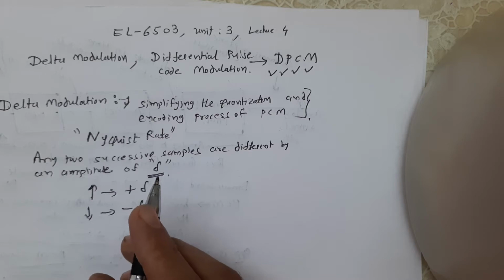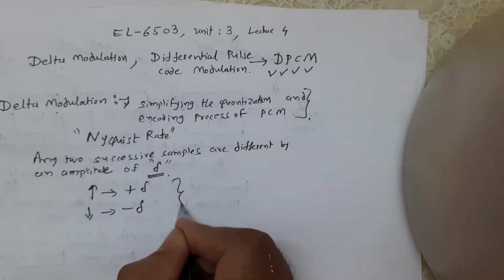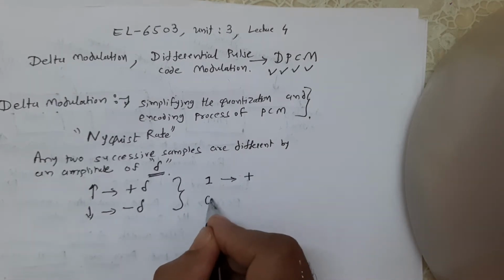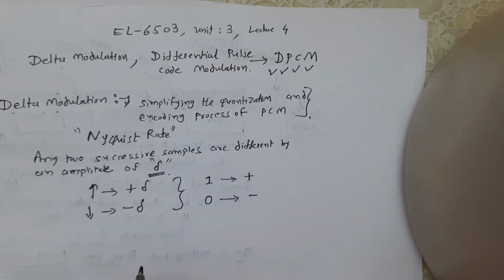The sign information can be coded using a one-bit binary word, say 1 represents positive and 0 represents negative. The quantization encoding block therefore becomes very simple. Hence, if we have the first signal value and the 1-bit quantization information, we can reconstruct the complete quantized signal.